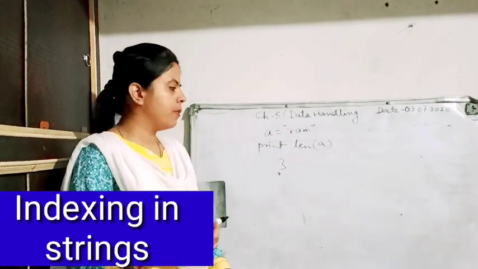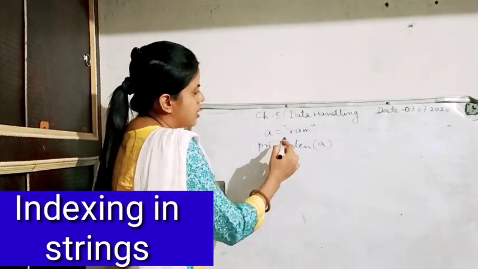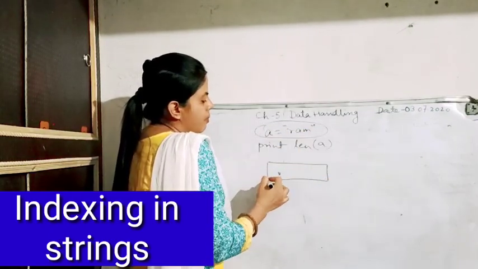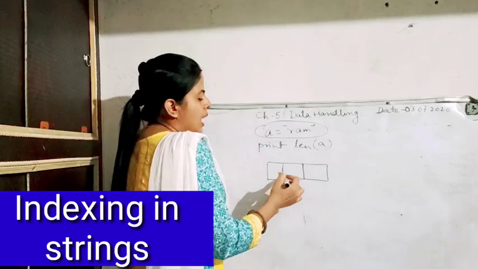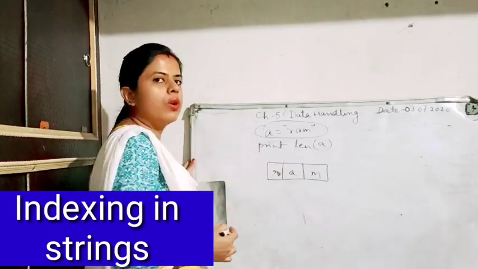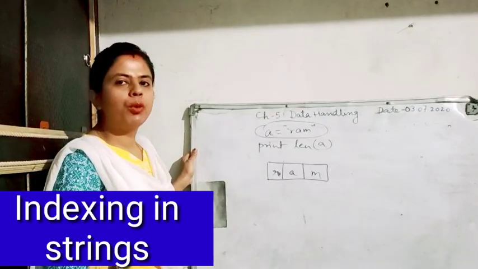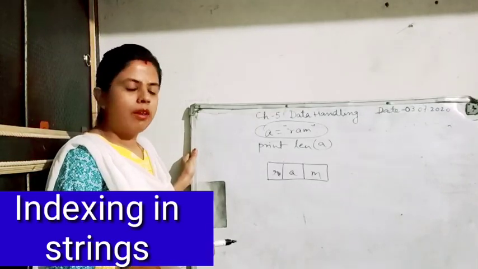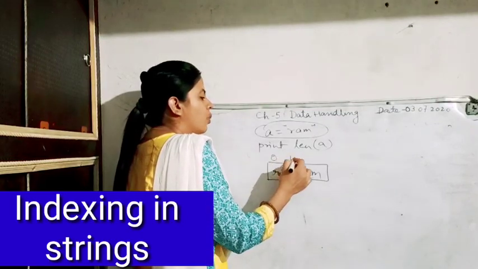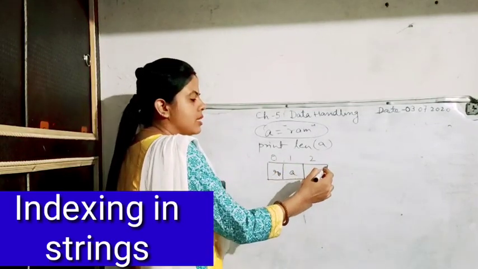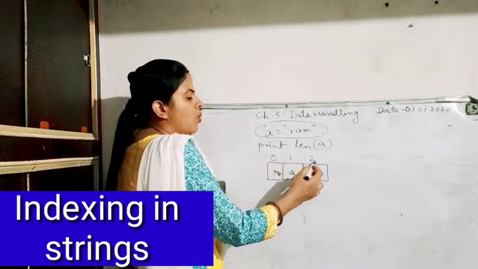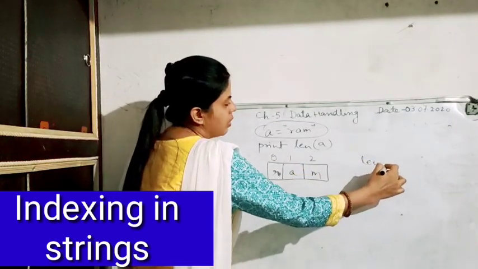Now how will this Ram be stored in memory, or if I want to access a particular alphabet from a particular position, how can we do it? In the memory of Python, whenever you write a is equal to Ram, it takes space in the memory and stores it there. Whenever we store it, indexing is provided to each character, and this indexing will start from 0, 1, 2, going till length minus 1.